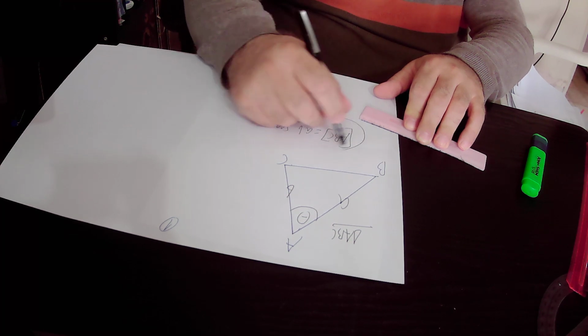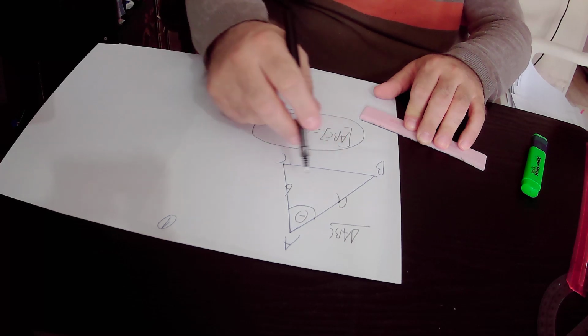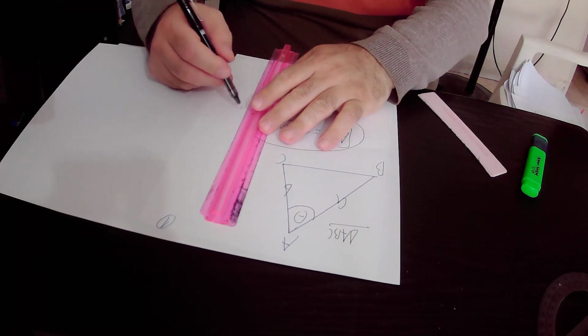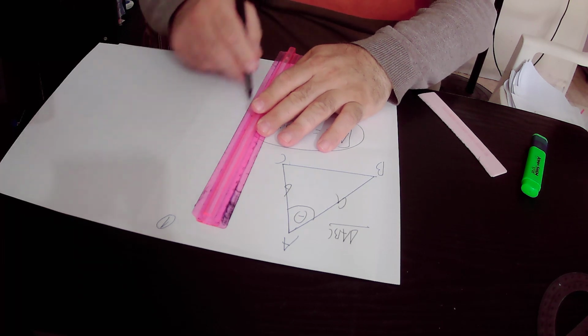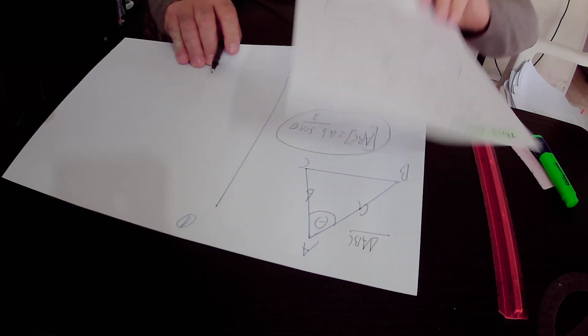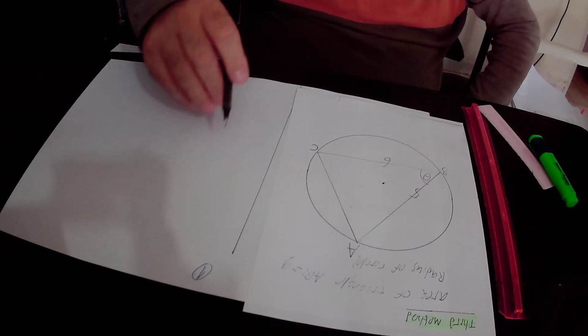Again, the area of this triangle ABC, that could be any triangle, will be equal to A times B times sine theta over 2. We can implement this formula in order to find the area of this triangle ABC.